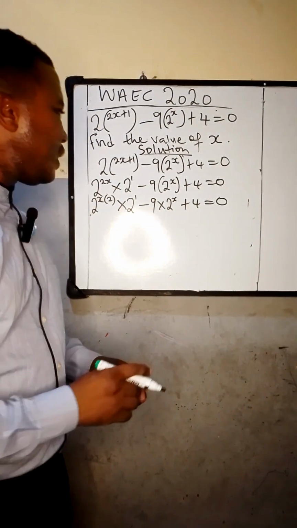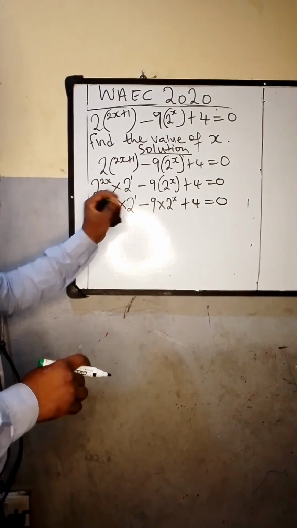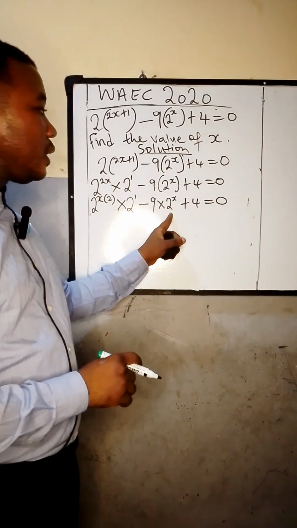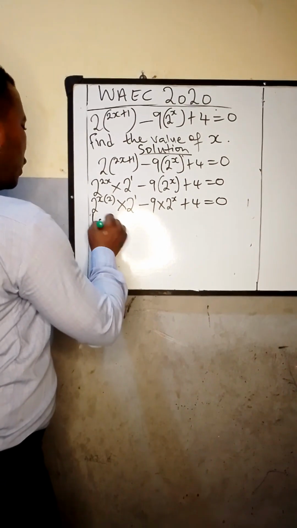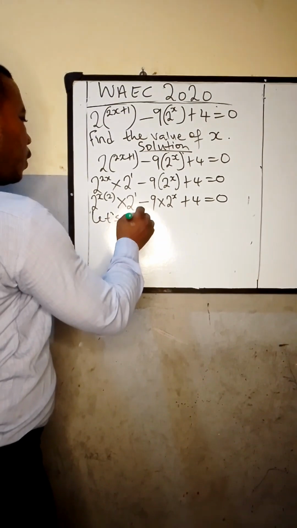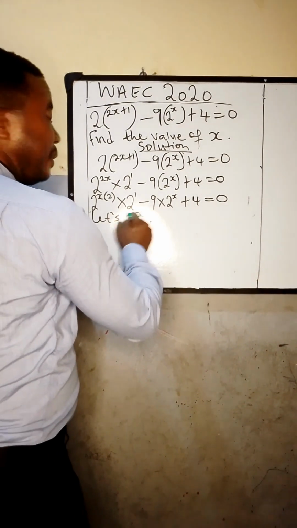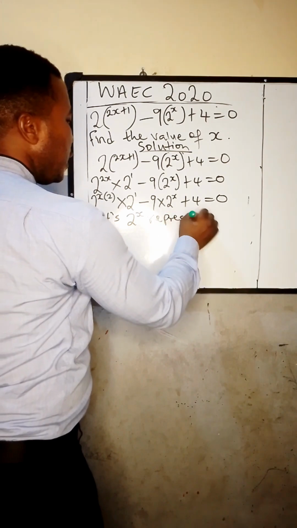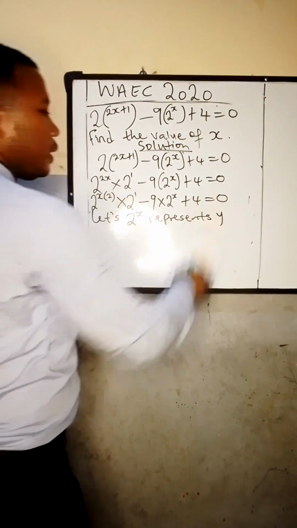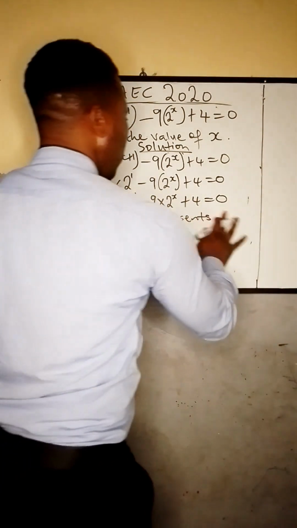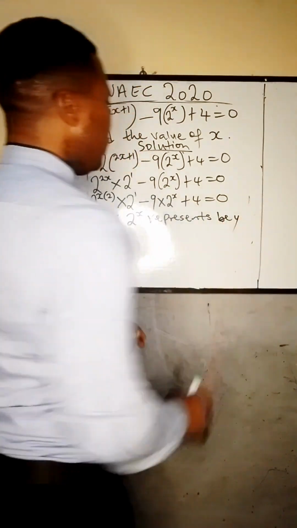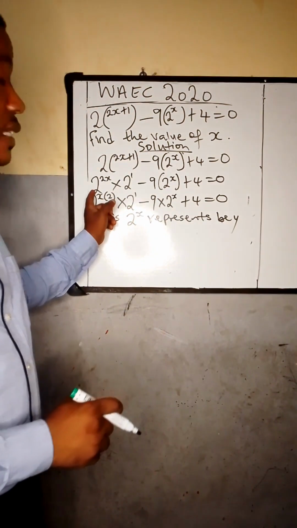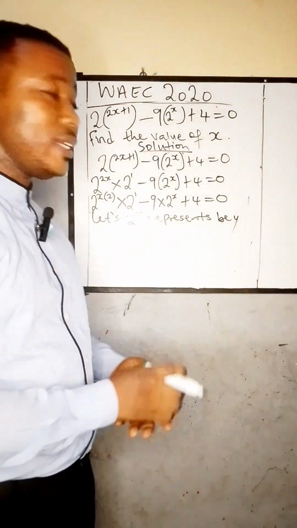Looking at this, we can say let 2 raised to the power of x be represented by y. So that means anywhere we see 2 raised to the power of x, we can replace it with y.